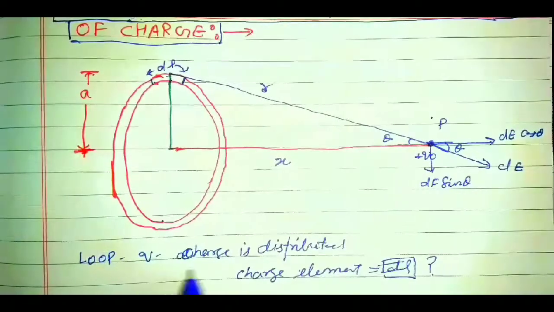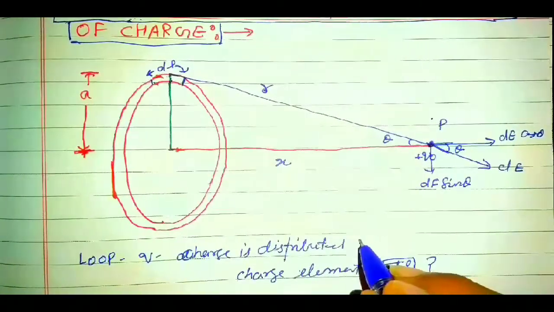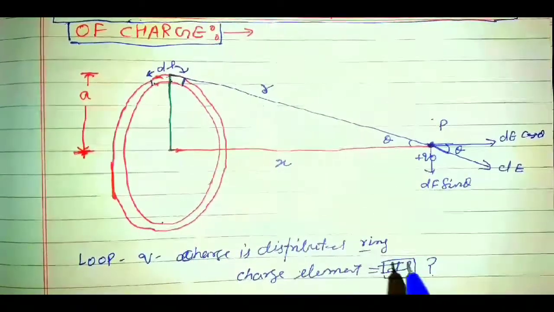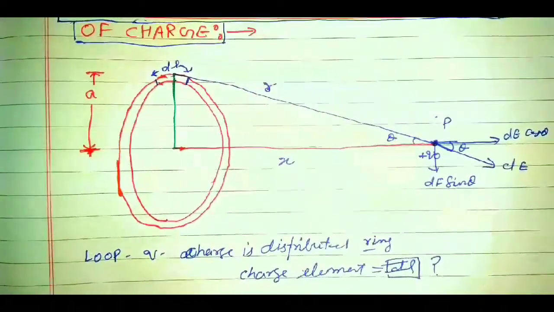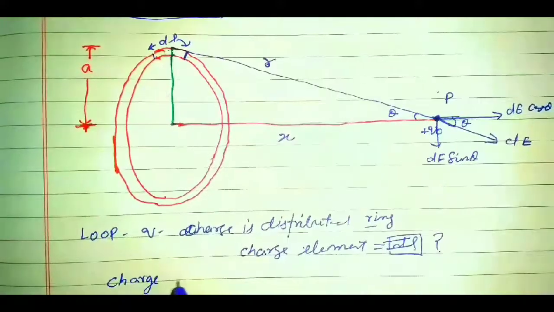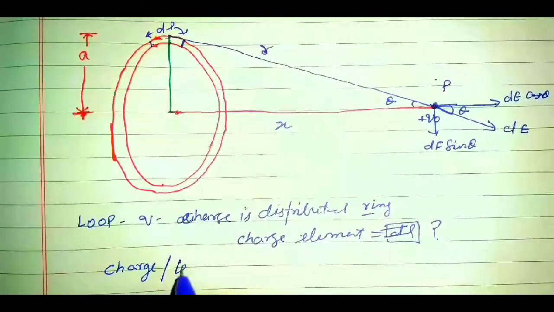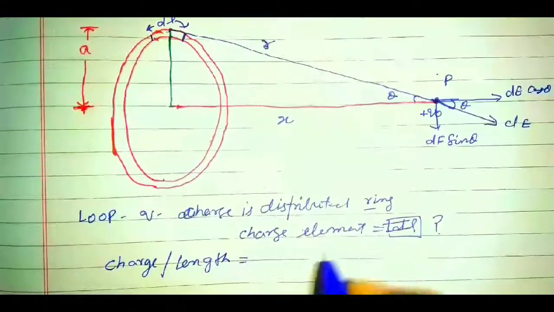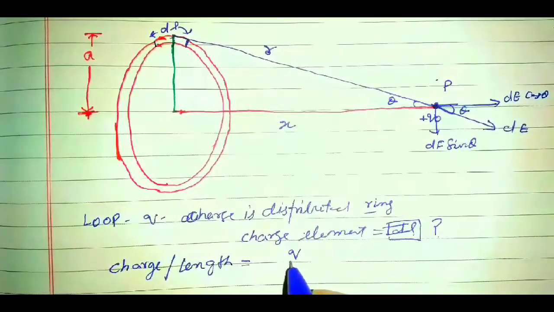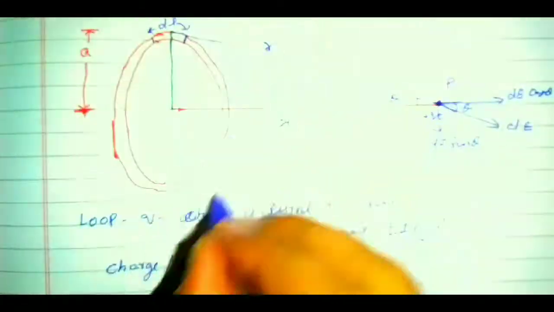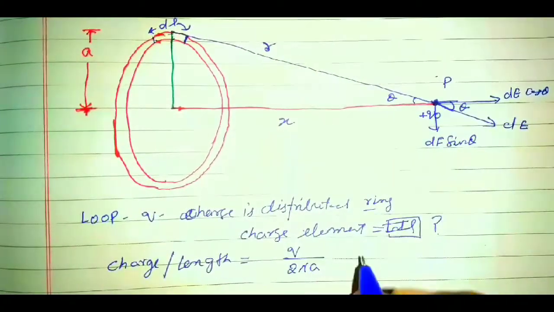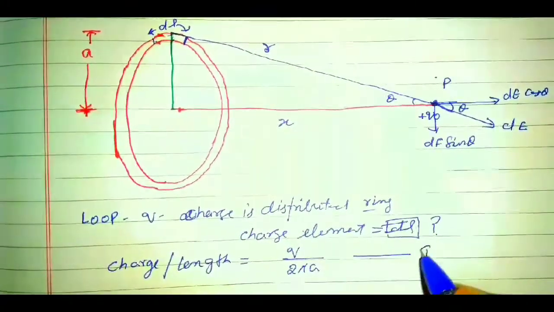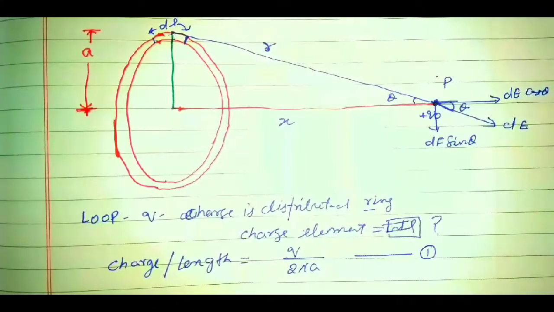Now see very carefully to calculate the charge element here. Charge Q is distributed in the total ring. So we are going to calculate the charge per unit length. Total charge Q is distributed, and the total length is the circumference of the ring, which is 2 pi a. Represent this as equation number 1.